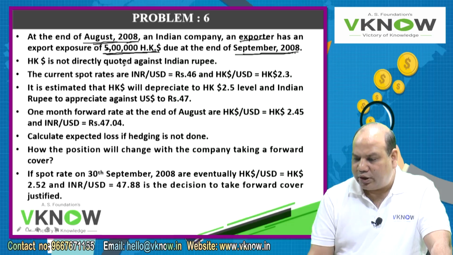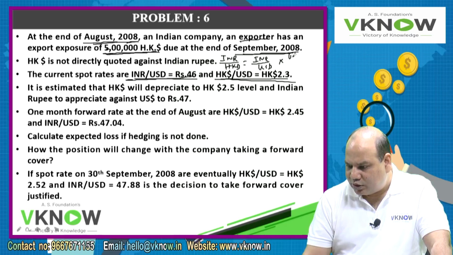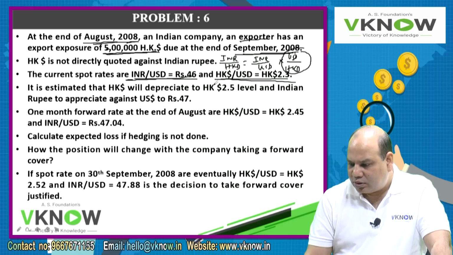Hong Kong dollar is not directly quoted against Indian rupee. Current spot rate, like previous problem, I need to apply cross rate rule 1 and find out the rate between INR per HKD, which will be INR per USD into USD per HKD, and in order to get USD per HKD, I will take the reciprocal of this figure.